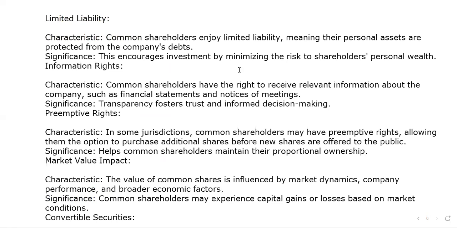So this encourages people to invest by minimizing the risk to their personal wealth. Sometimes decisions that are made in a company will lead to a loss. Okay, the other characteristics are information rights, preemptive rights, and market value impact.